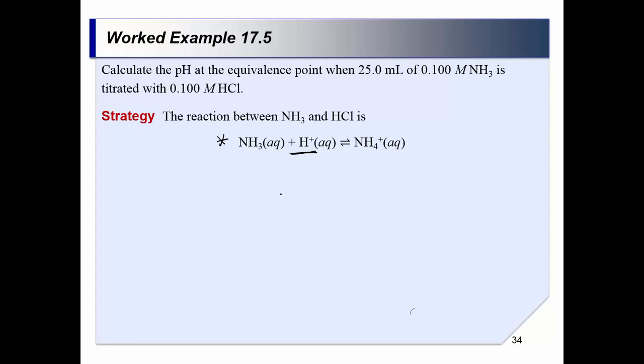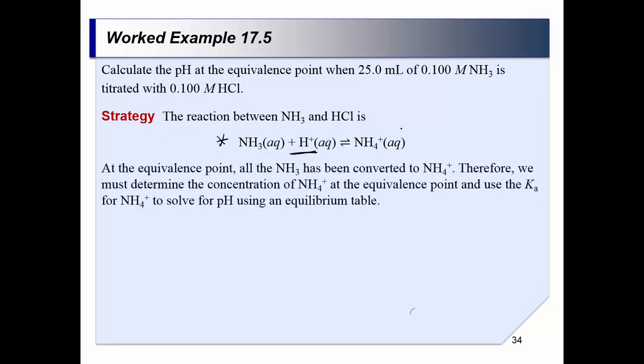When you have the hydrogen react, what you end up with is the ammonium ion. Now that ammonium ion is a weak Bronsted-Lowry acid, and at this equivalence point, all of the ammonia has been converted to the ammonium ion. So we have to determine the concentration at the equivalence point using the Ka.